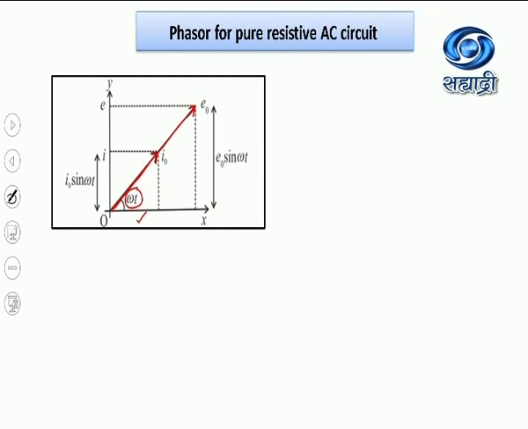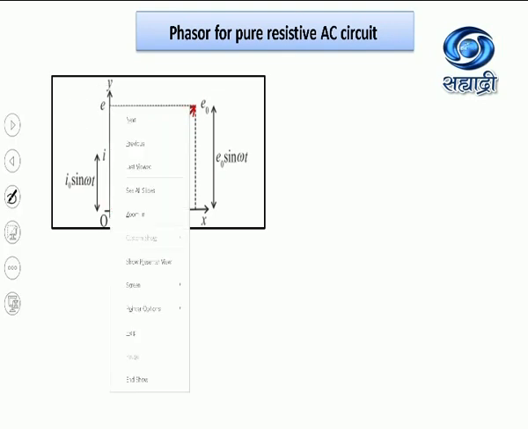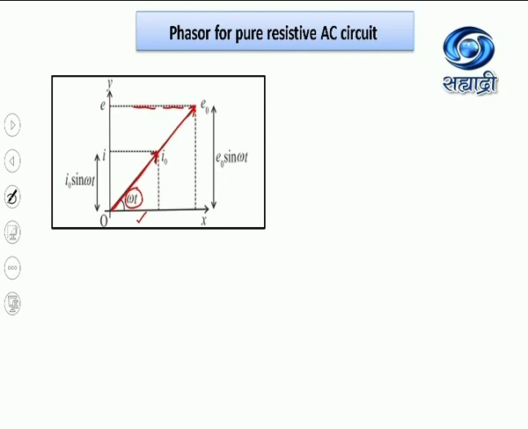And if you take the projection of EMF along the y-axis, it will give you the instantaneous EMF, and that instantaneous EMF is E is equal to E naught sin omega t. Similarly, if you take the projection of the current vector on the y-axis, it will give you the instantaneous value of the current, which is I naught sin omega t.